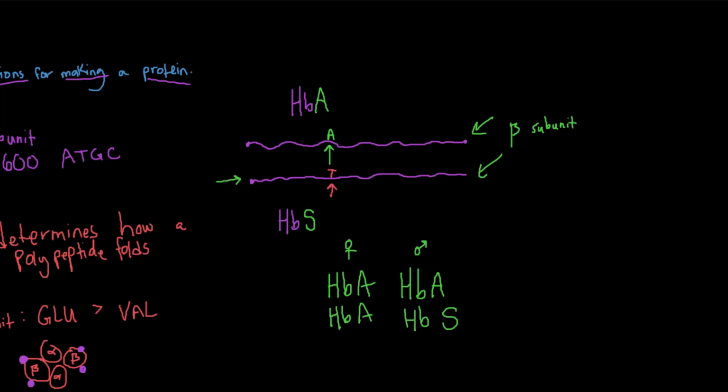And then finally, the other possibility is that the individual can be HbS, HbS, and if that's the case, then both of their copies of the hemoglobin gene are the sickle cell hemoglobin variation.